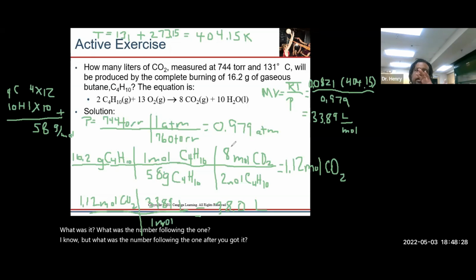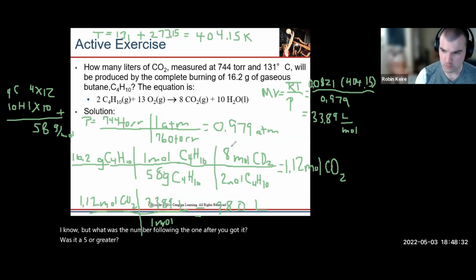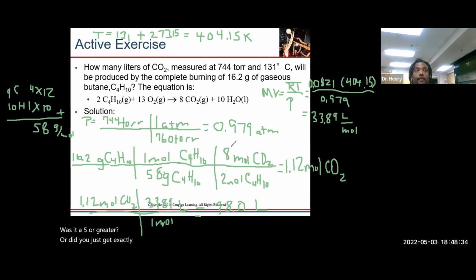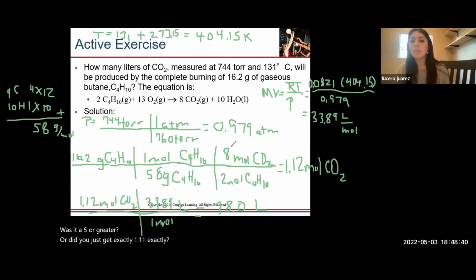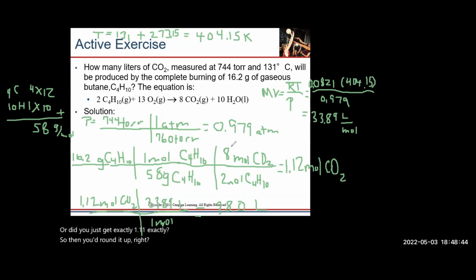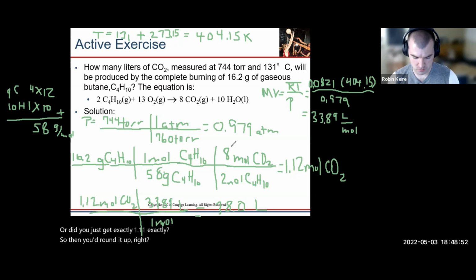Was it a 5 or greater, or did you get exactly 1.11? 16.2 divided by 58, I got 1.117. So then you'd round it up, right? Correct, so you get 1.12. 4 times 8 divided by 2.